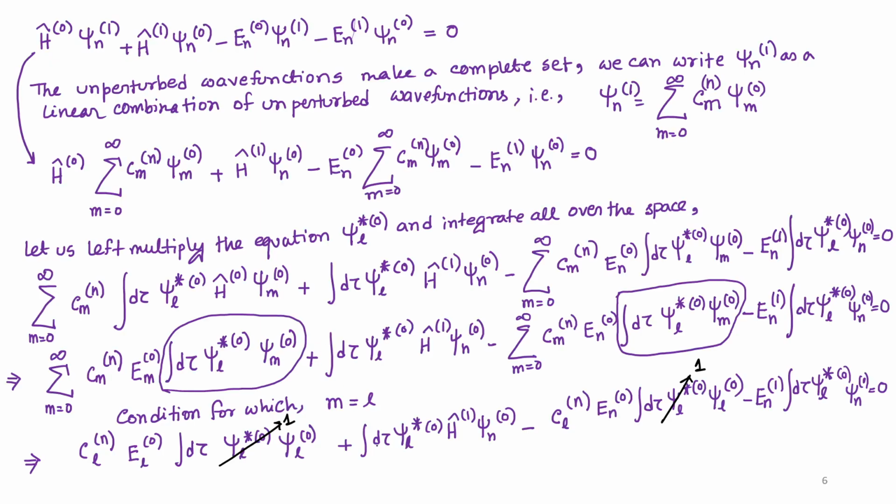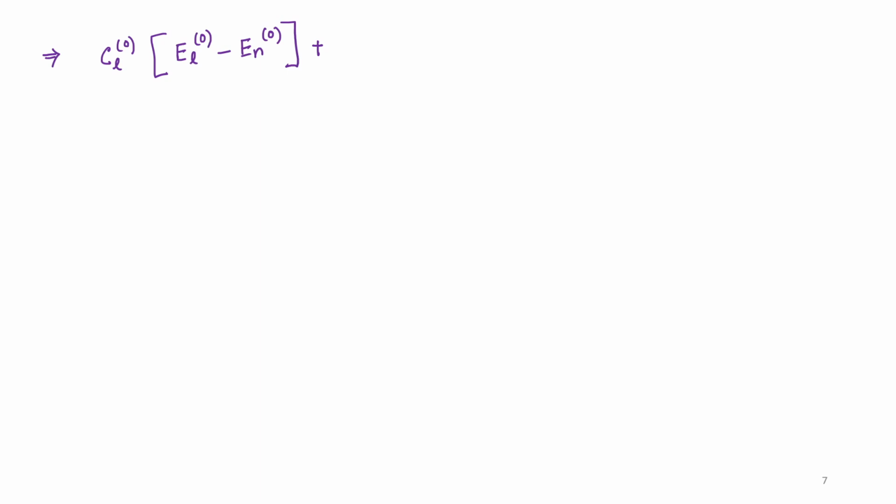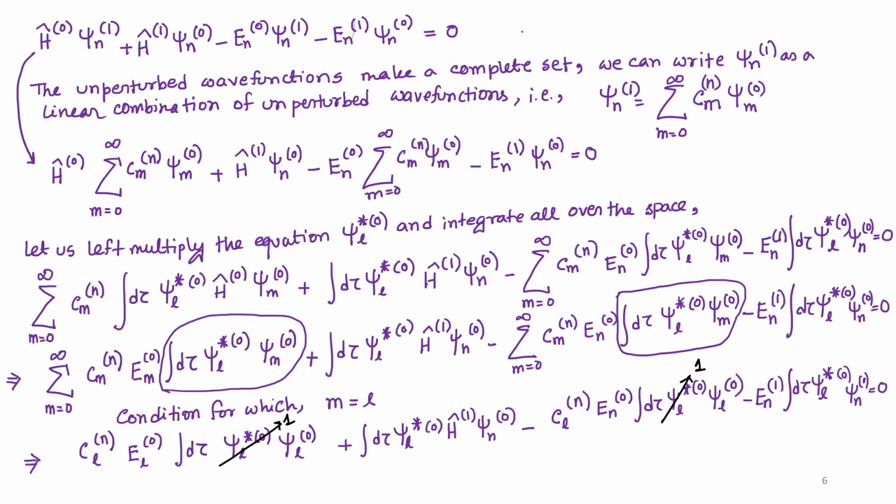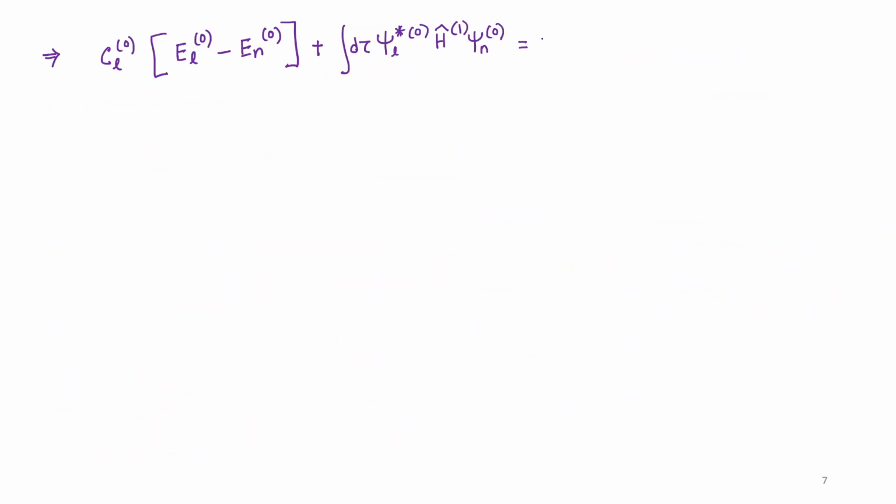We have this integral d tau psi L star 0th H1 first order perturbation. Those things I will write down. And as we have taken this already, we will take it to the right hand side, so this minus will become positive.